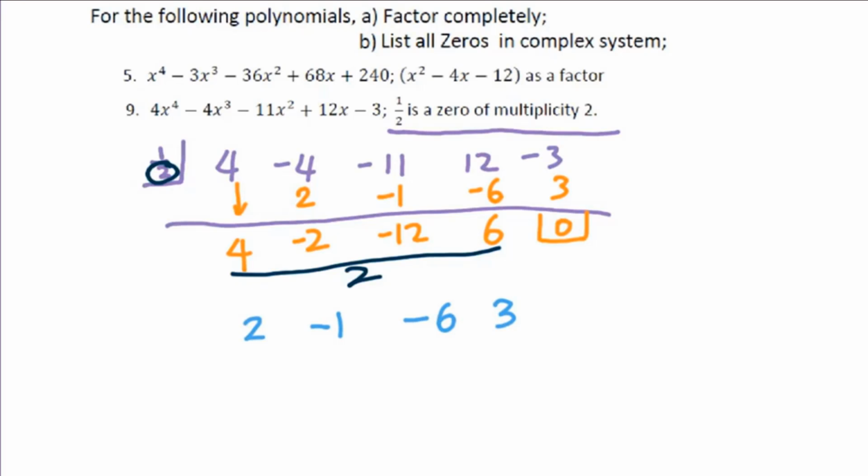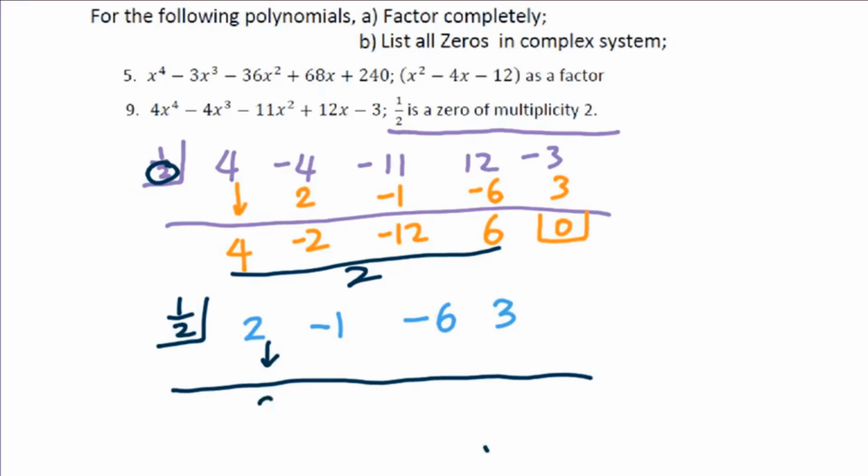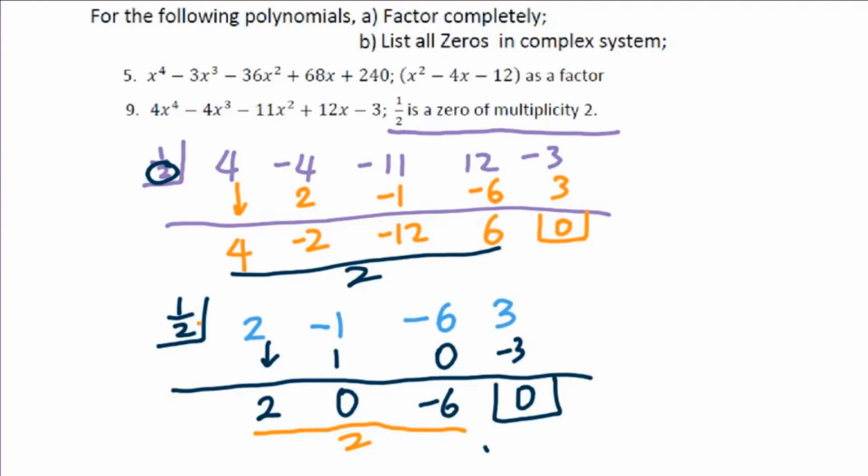Then we have to do this 1/2 again. So we get 2, 1, 0, 0, negative 6, negative 3, 0. Don't forget to divide by 2 again because this has a denominator.